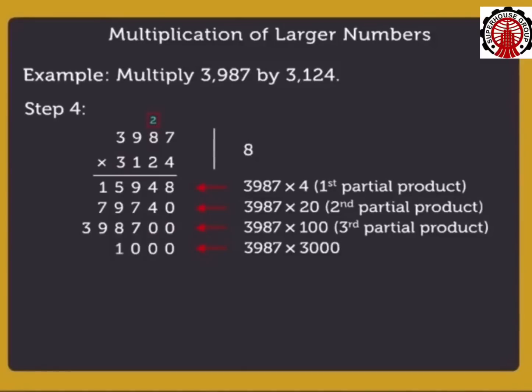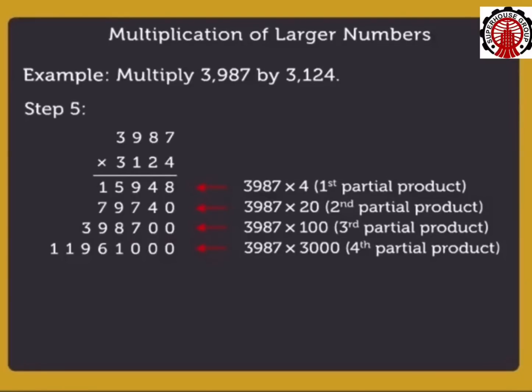Now, 8 into 3 is equal to 24, plus the carried over 2 is equal to 26. Then, 9 into 3 is equal to 27, plus the carried over 2 is equal to 29. Then, 3 into 3 is equal to 9, plus the carried over 2 is equal to 11. So, we get 1,19,61,000 as the fourth partial product.